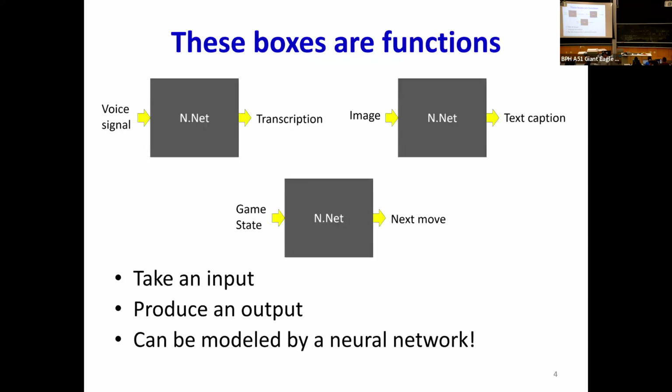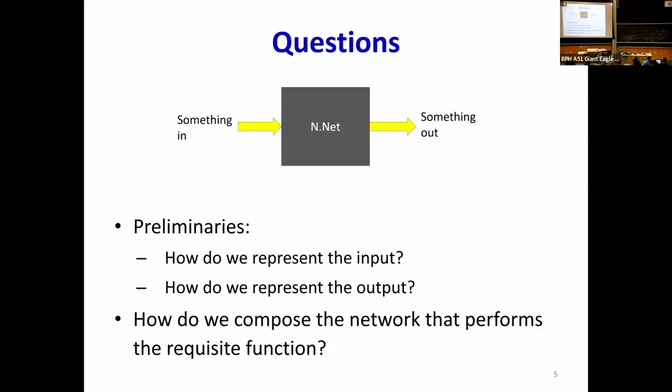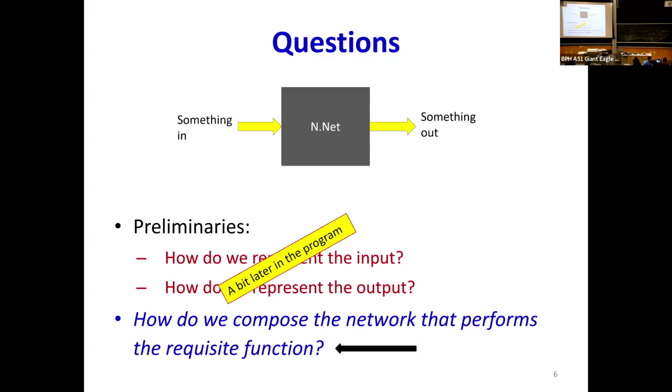Whereas when I'm looking at this AI task, there's a game state going in and a game state coming out. These are not mathematical objects. So how do we convert these into the form that can actually be operated on by functions? And how do we actually compose a network that computes the appropriate function? So we have several questions to answer.